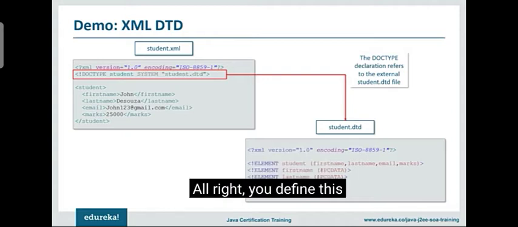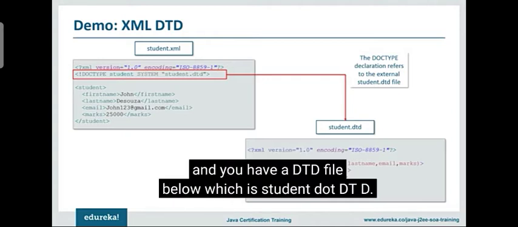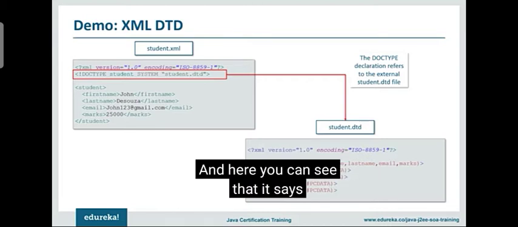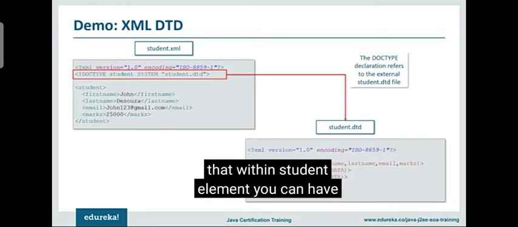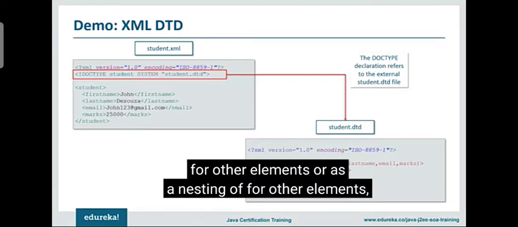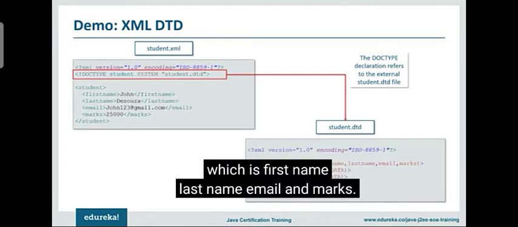You define this, and you have a DTD file below, which is student.dtd. Here you can see that within the student element, you can have a nesting of four other elements, which are first name, last name, email, and marks.